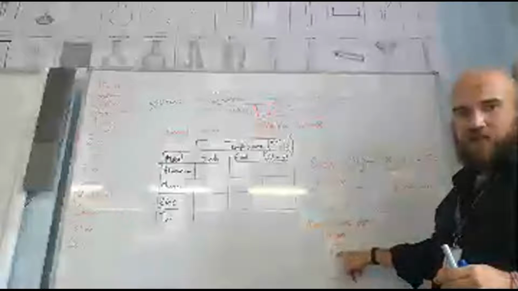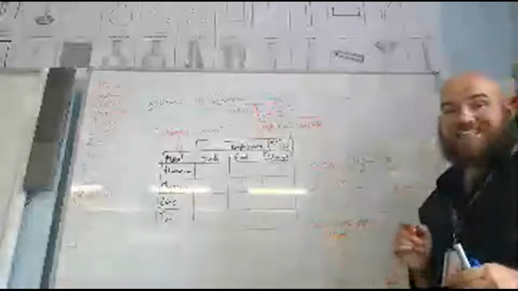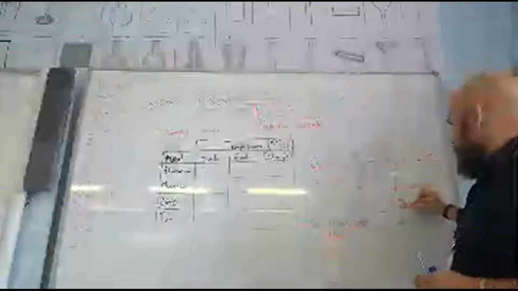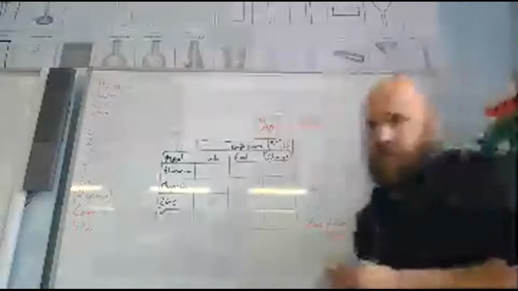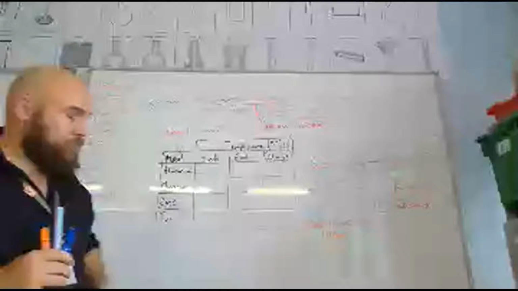So e is for electrons, and a minus is to let you know that it is negatively charged. So the more reactive metal is losing electrons, we call that oxidation. So there's 2 new terms there, which I'm introducing to you. If you're in year 9, if you're in year 10, 11, you should have come across these before. So hopefully this will make a bit more sense to you.